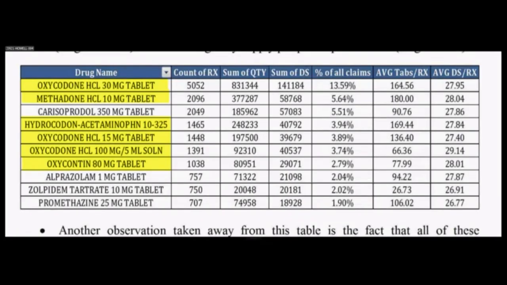As well as average days per prescription, right? I see that. And for 13.59% of all claims, the oxycodone HCl 30 milligram tablets. You see that? Yes.